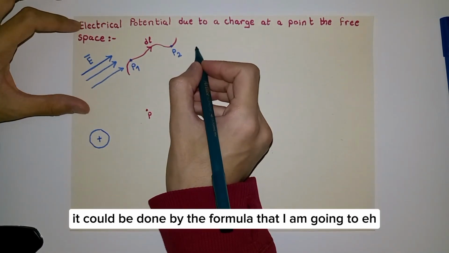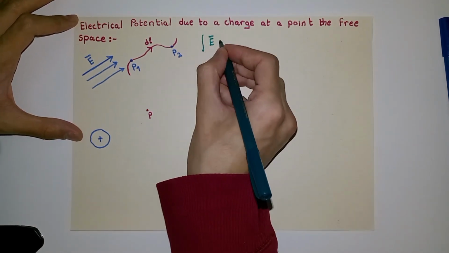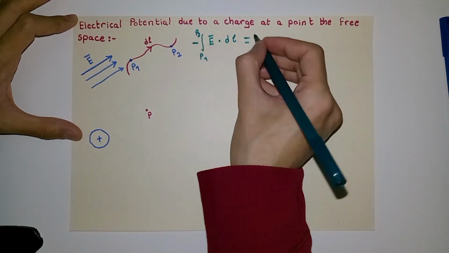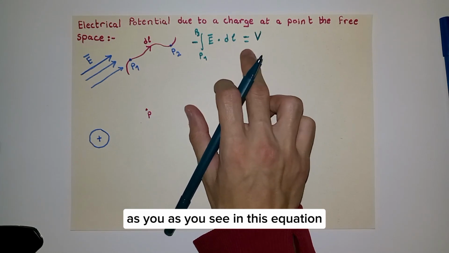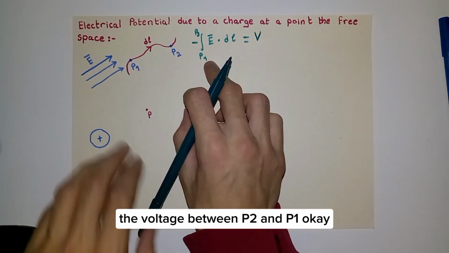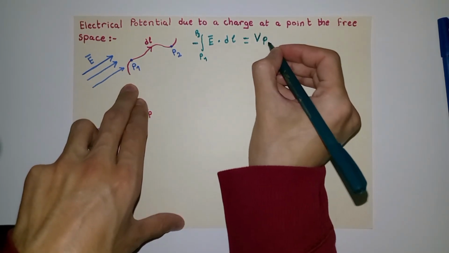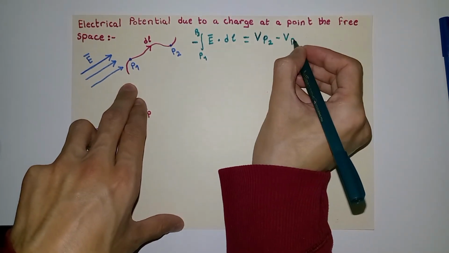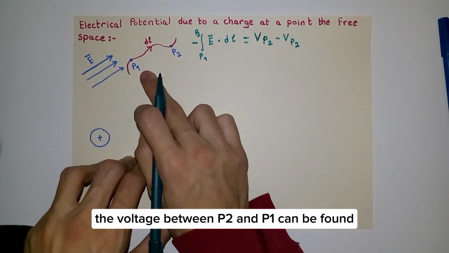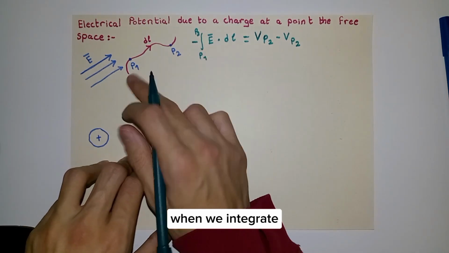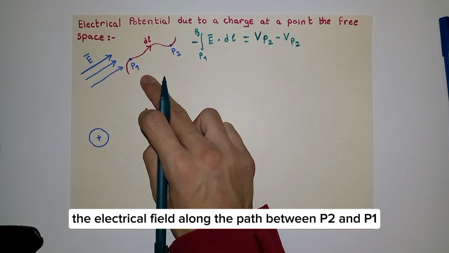It could be done by the formula that I am going to write right now. As you see in this equation, the voltage between P2 and P1 can be found when we integrate the electric field along the path between P2 and P1.